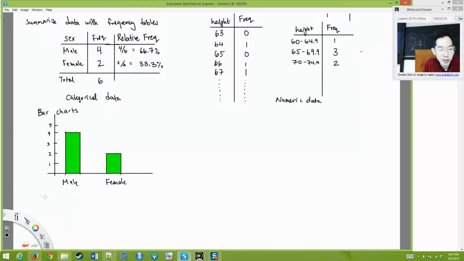Stylistically, we leave a space between the categories, and with bar charts, the order of categories does not matter, okay?